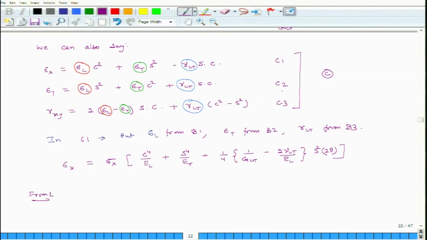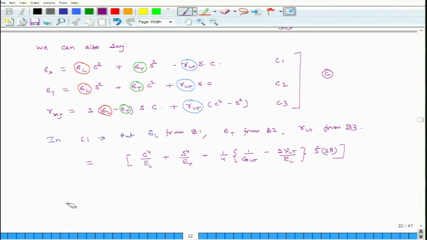Okay, so before we do C2, now what we do is we just divide both sides by sigma x. So, sigma x goes away from here, and here I get epsilon x by sigma x. And what is epsilon x by sigma x? This is nothing but 1 over Ex.